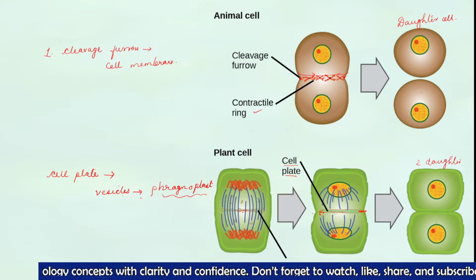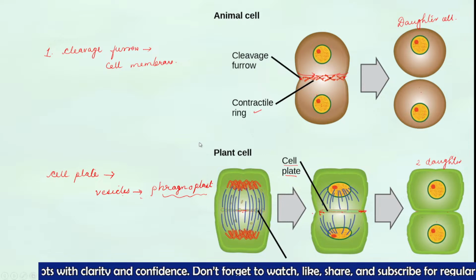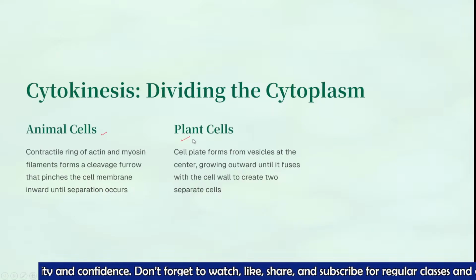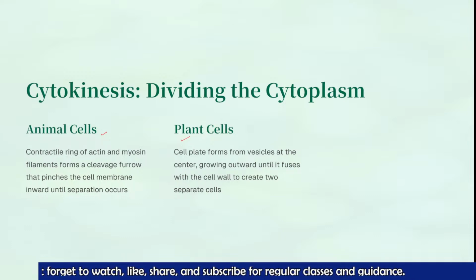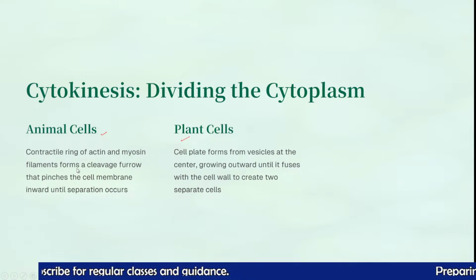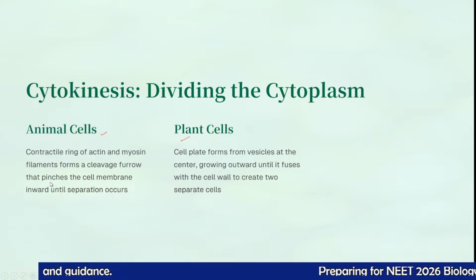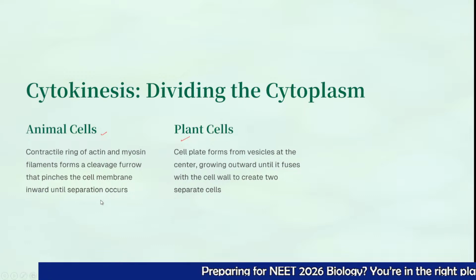So remember the cytokinesis in plant cell and animal cell. Distinguish between them. In animal cells, a contractile ring of actin and myosin filaments is formed, and then a cleavage furrow forms at the cell membrane and grows inward until separation occurs.